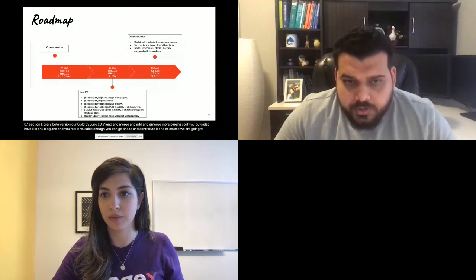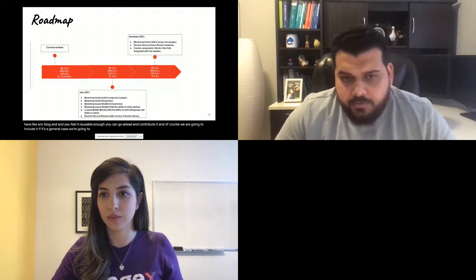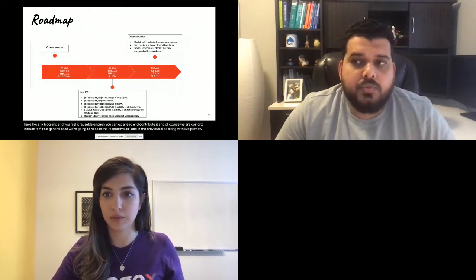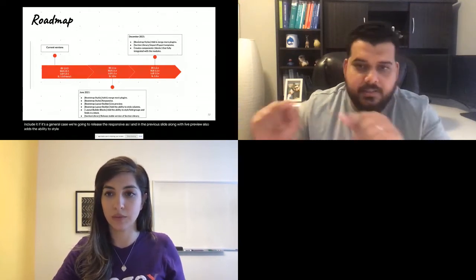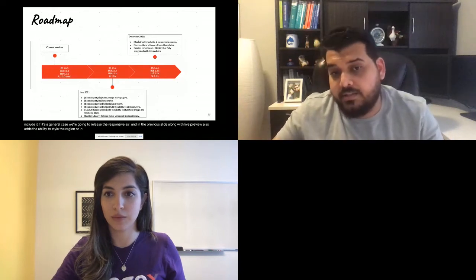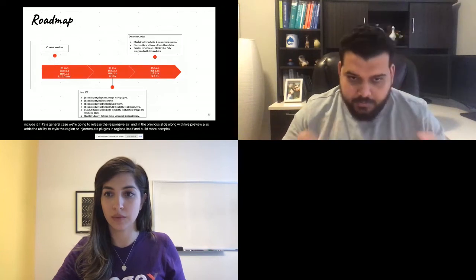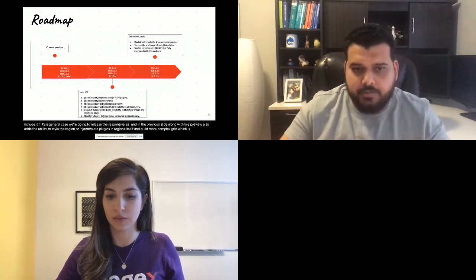We are going to release the responsive, as I mentioned in the previous slide, along with live preview. Also add the ability to style the region or inject the plugins in regions itself and build more complex grids, which is grid inside grid.